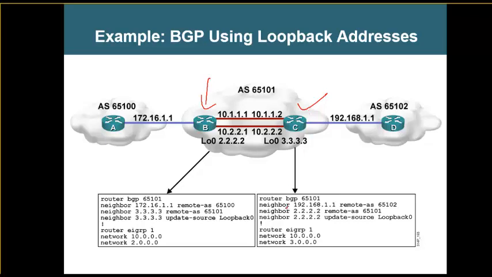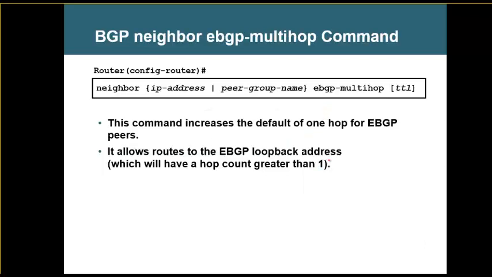For that neighbor, there is a neighbor statement with an IP address 2.2.2.2. So B should send with the source address 2.2.2.2. That's why we say whenever you speak to 3.3.3.3, use the loopback 0 interface IP address as the source address. So we need to do it on either side because on both sides we use loopback interface.